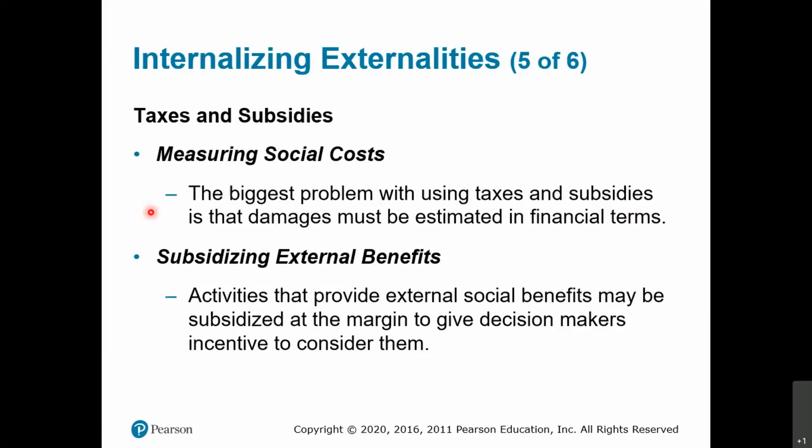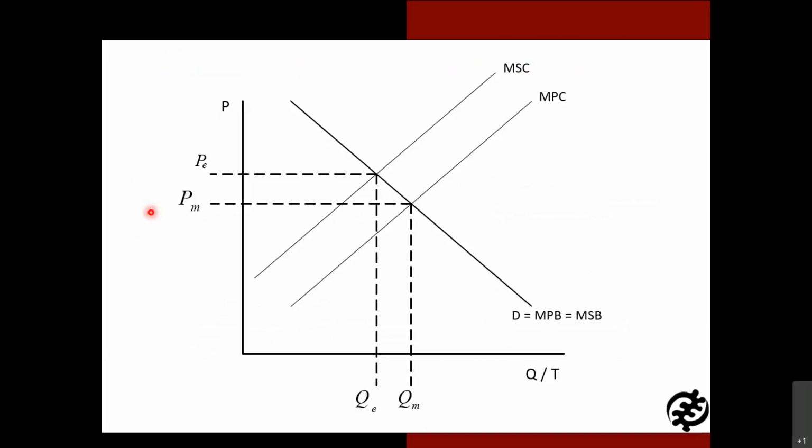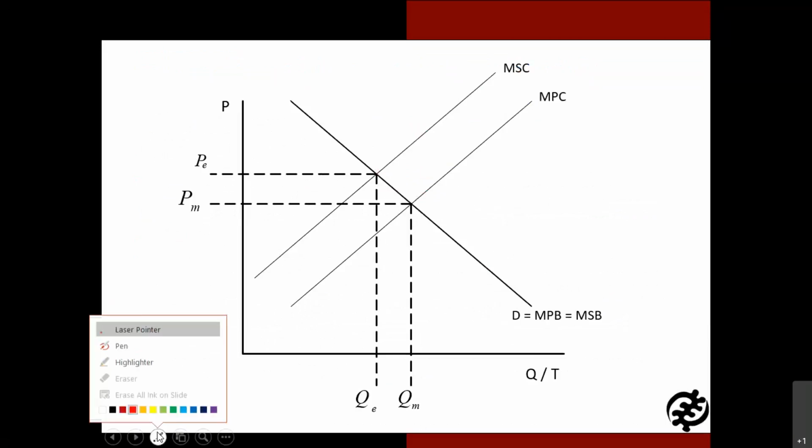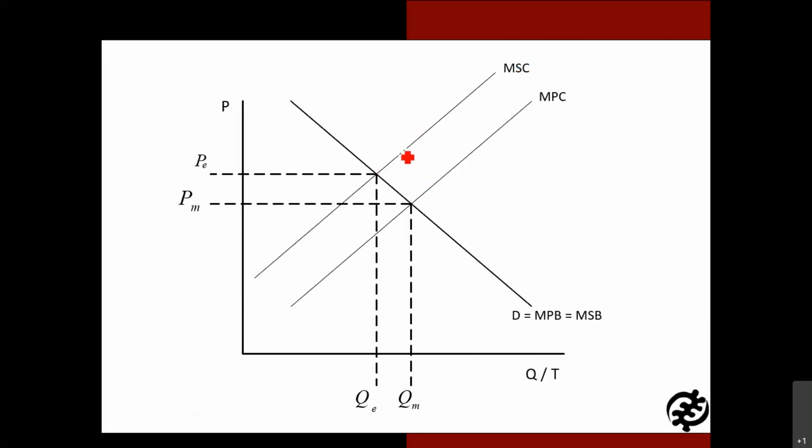But notice what happens here. Okay? Notice what happens here. What if we got this wrong? So if we think the damages are this much, you would tax that amount. But what if you estimate the damages way up here? You could generate a bigger deadweight loss.